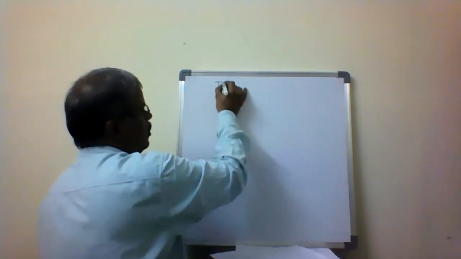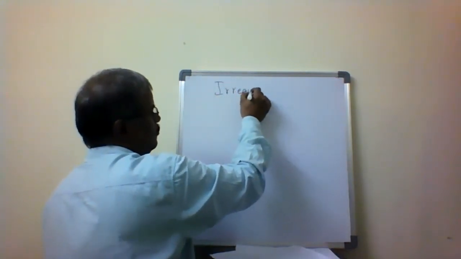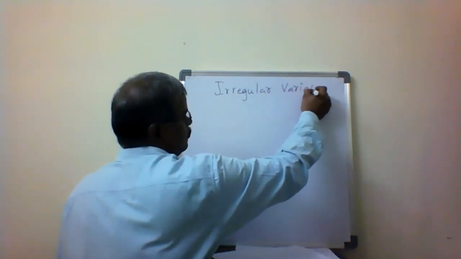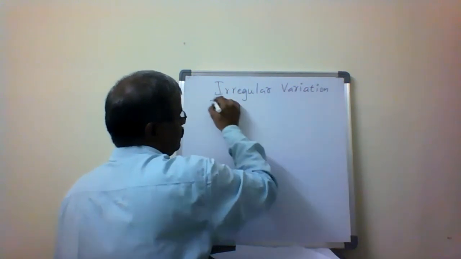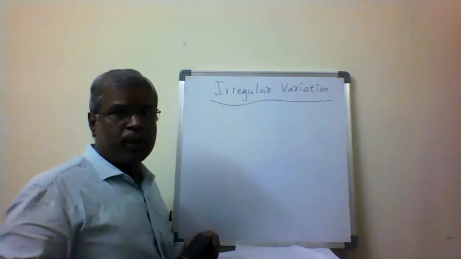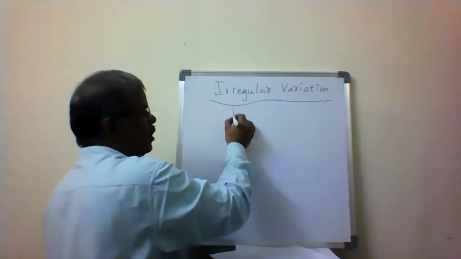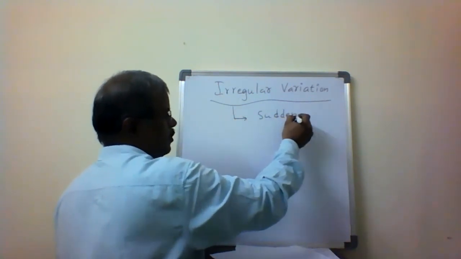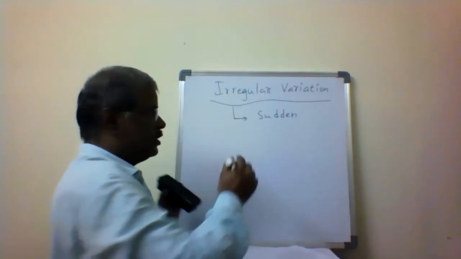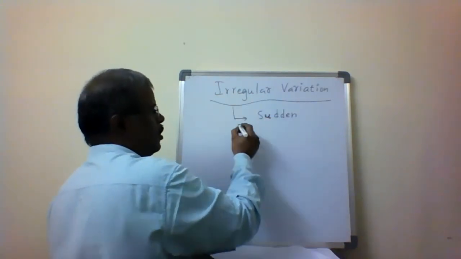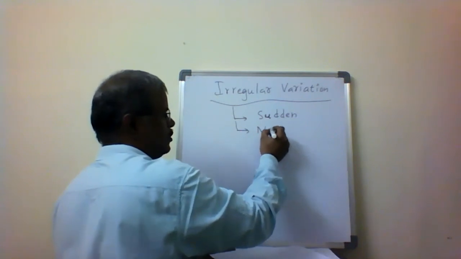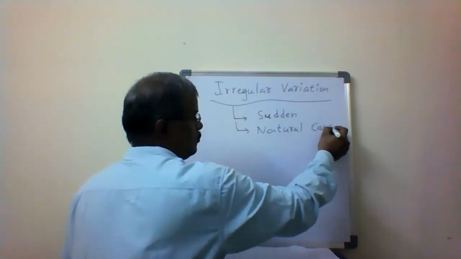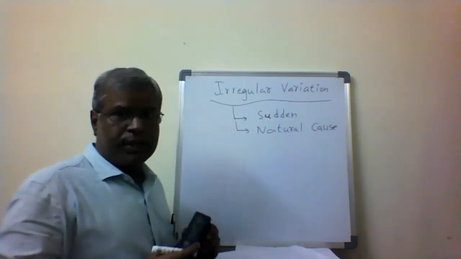Then the last one is going to be called irregular variation, because this is going to occur suddenly. The variation occurs suddenly, due to natural causes.